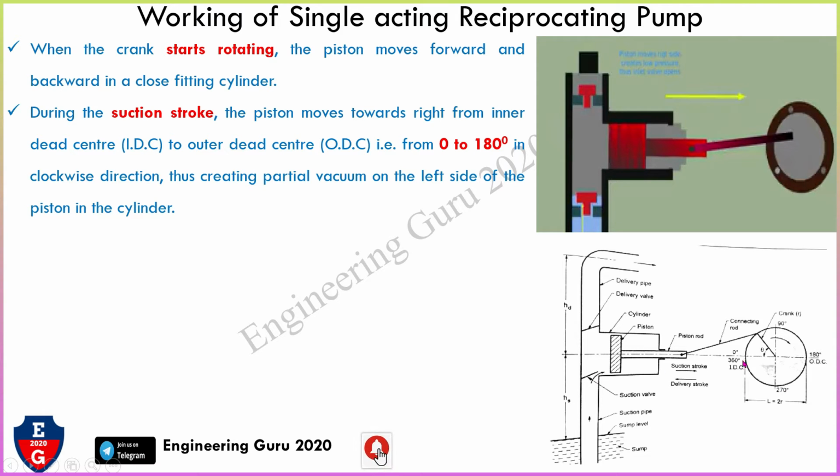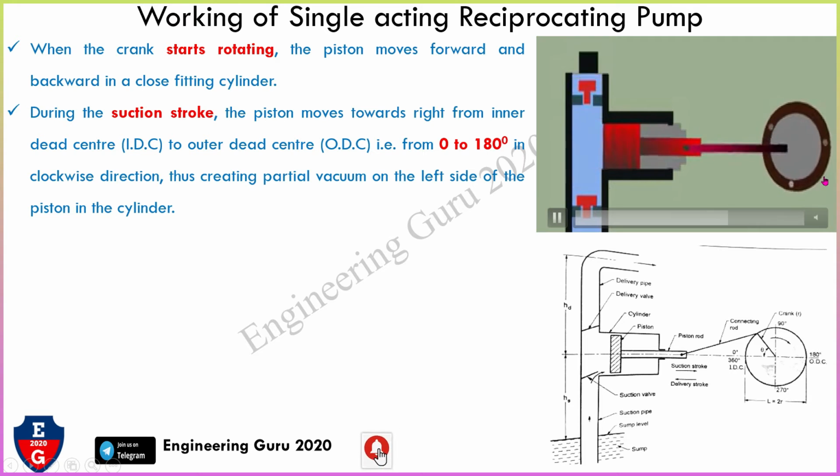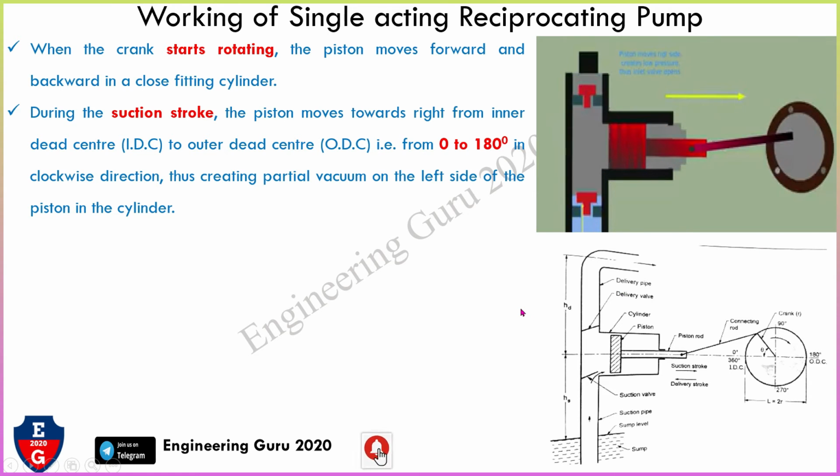This point is called point IDC, inner dead center, and this is ODC, outer dead center. So crank will rotate from IDC to ODC, meaning 0 to 180 degree. In this image you can see that. So it will rotate like this, 0 to 180. At that time, it creates the partial vacuum on the left side, meaning here, of the piston in the cylinder.